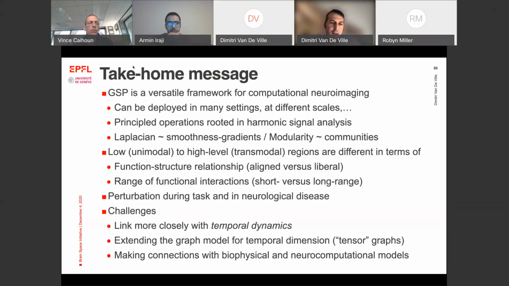And then a third point is making connections with the work that has been done on the biophysical and neurocomputational models that I briefly mentioned in the beginning, because it would be very nice to have a graph Fourier transform that can be more closely linked to neural dynamics as you could get from those models. And yes, there are many directions one could go there.